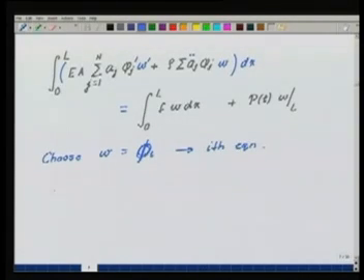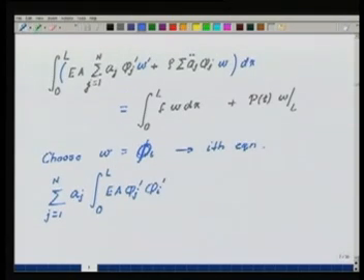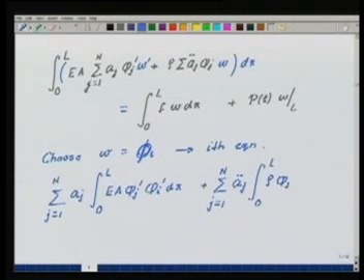So when I do this, I will get sigma j equal to 1 to n aj integral 0 to L EA phi j prime phi I prime dx plus sigma j equal to 1 to n aj double dot integral 0 to L rho phi j phi I dx.